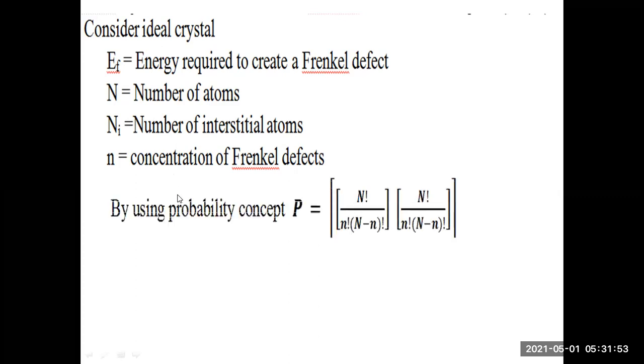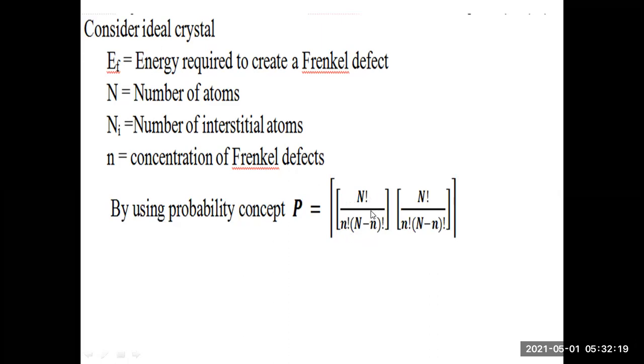With this, we need to go for the probability concept, that is P is equal to. Normally in the previous cases in metals, we took the probability concept, that is N factorial by small n factorial into capital N minus small n factorial. I think everybody has information regarding this particular term.